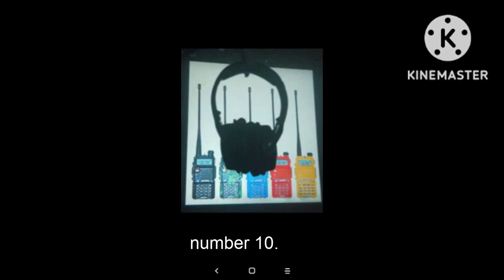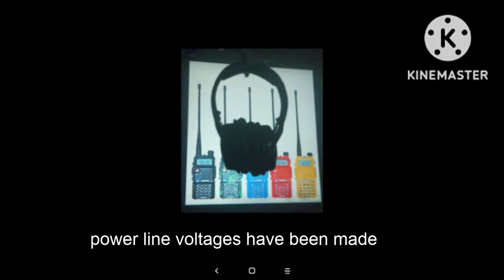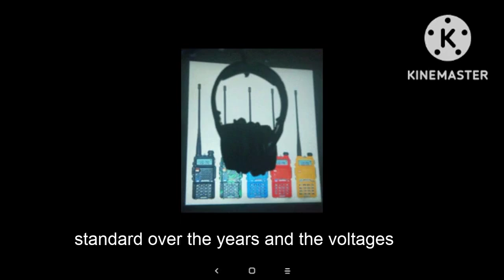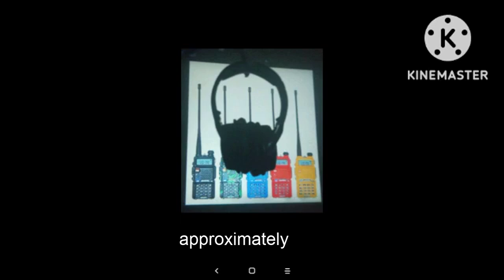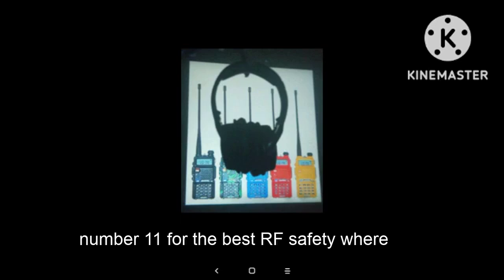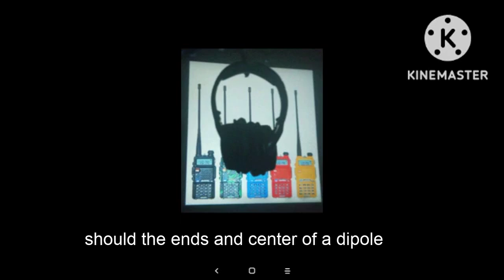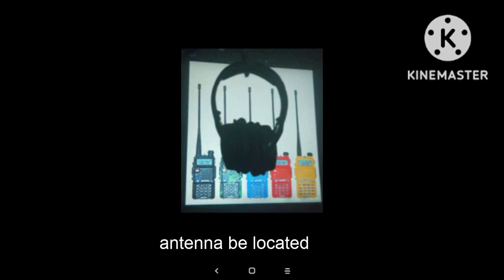Number 10. Power line voltages have been made standard over the years, and the voltages generally supplied to homes are approximately 120 and 240 volts. Number 11. For the best RF safety, where should the ends and center of a dipole antenna be located?